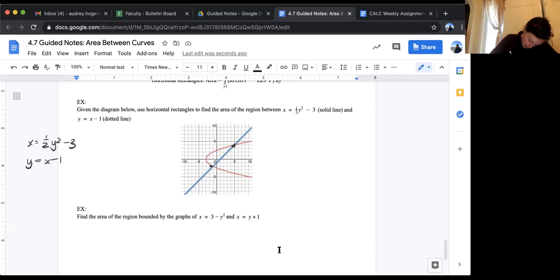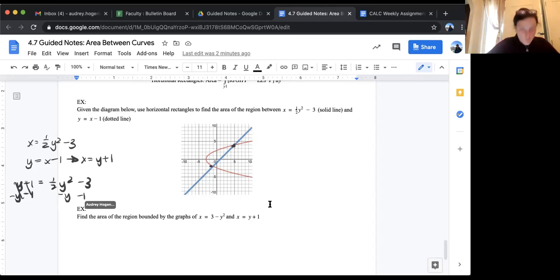Add 1, so x equals y plus 1. So now I have y plus 1 equals 1/2 y squared minus 3. I can go ahead and subtract y, subtract 1.